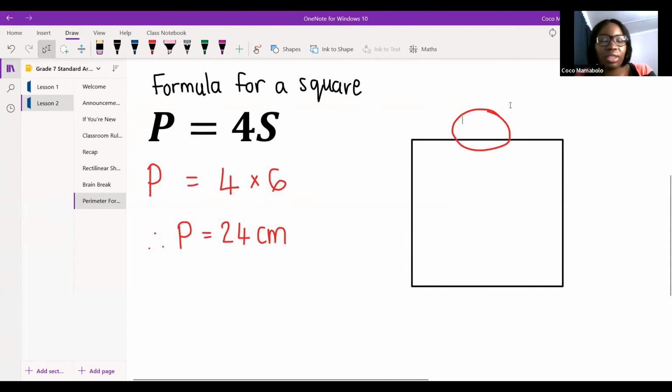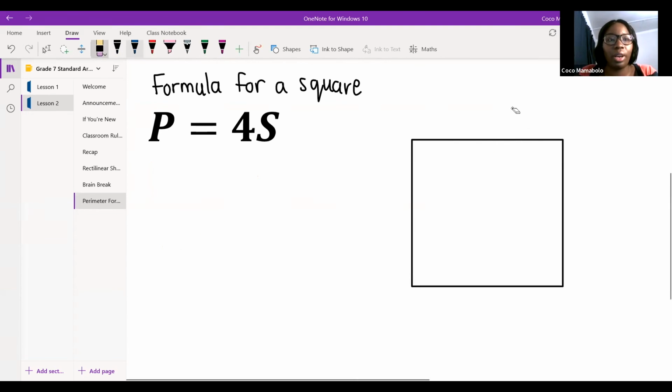That's it, guys. That's all there is to it. Okay, this is it for a square. I'll even ask you guys in the chat because it's the easiest one. If the side of my square is 5 centimeters, what is my perimeter? Therefore, P is equal to, give me the answer in the chat, guys. Good.